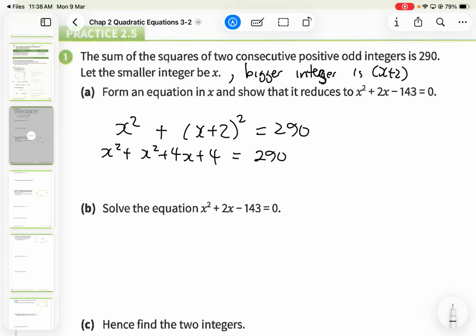Then the simplified form is everything on the left, so I don't want this 290 on the right. I want it to come over to the left also. Then I simplify: 2x squared plus 4x plus 4 minus 290 equals 0. Simplifying further, 4 minus 290 gives negative 286.